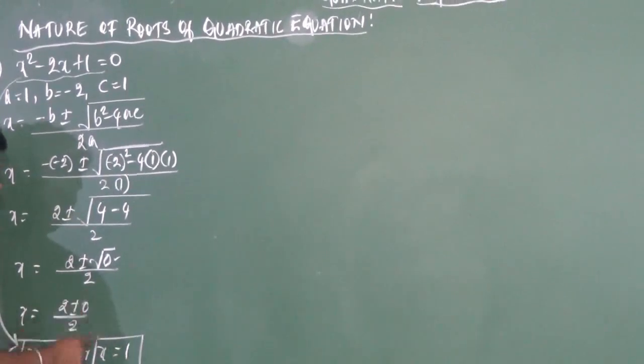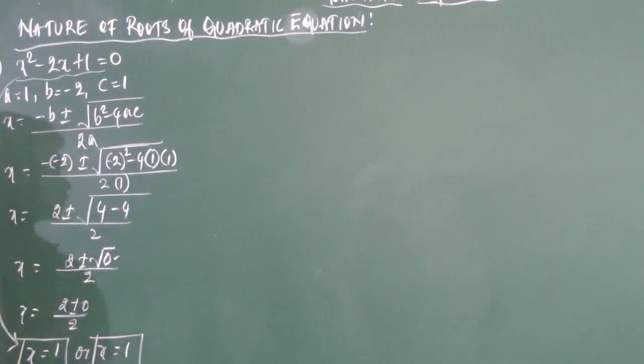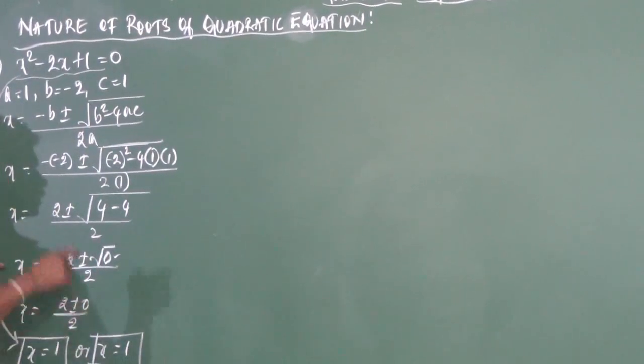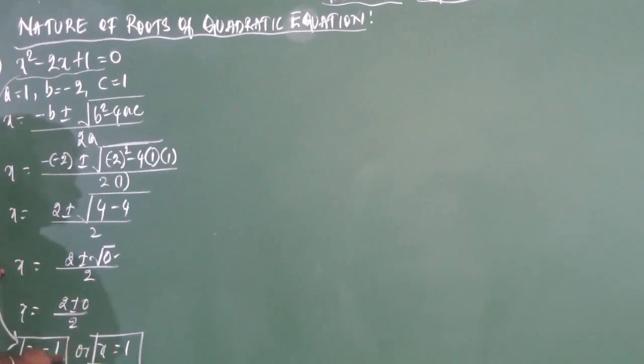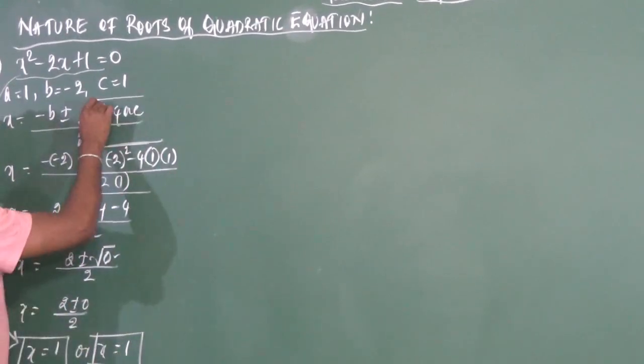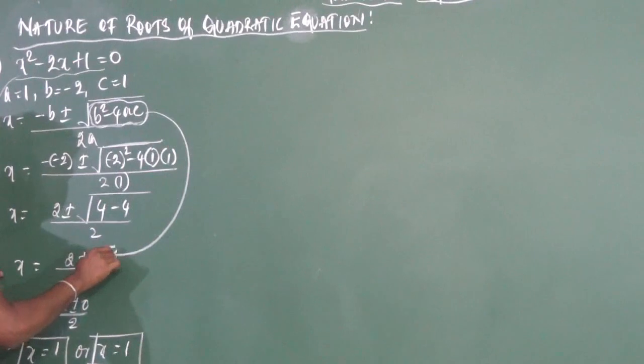So here, to get these type of roots, who is responsible? Who plays a very important role? Which part of the formula plays a very important role to get these type of roots? So here we have to look at this b square minus 4ac. Here the value of b square minus 4ac has become equal to 0.